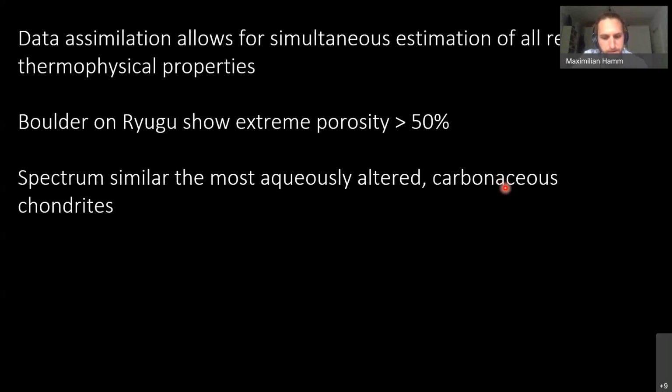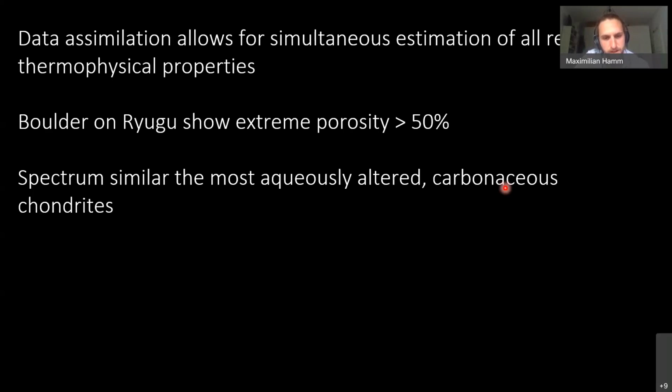And the cool thing is that we can use this data assimilation tool, which is usually used to estimate the state of the system, also to retrieve its parameters, because due to the nature of the thermal model, its long computation time and the fact that we have quite a few free parameters makes it very difficult to use standard Monte Carlo methods. The data assimilation methods are actually very efficient in estimating these, and it works really well and it's very fast.